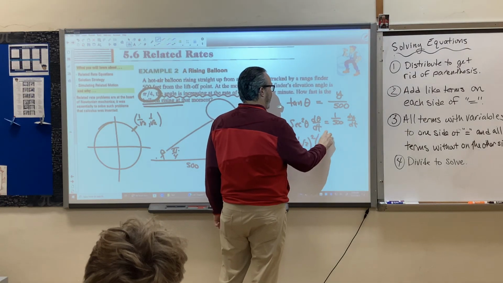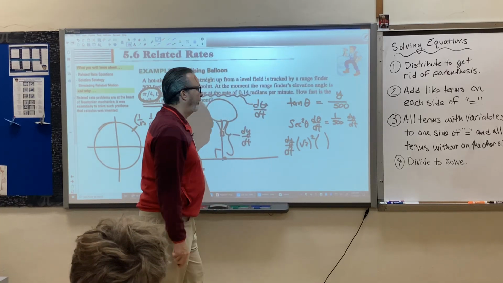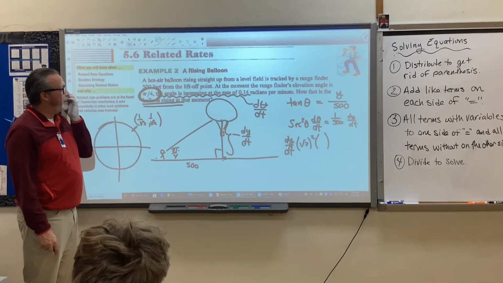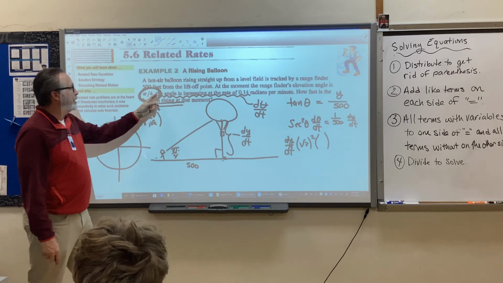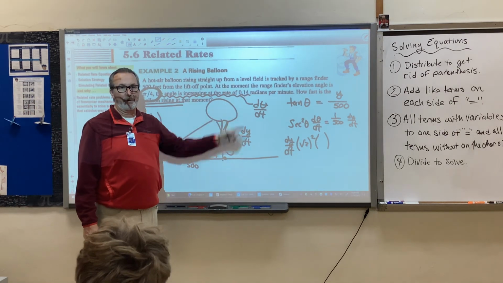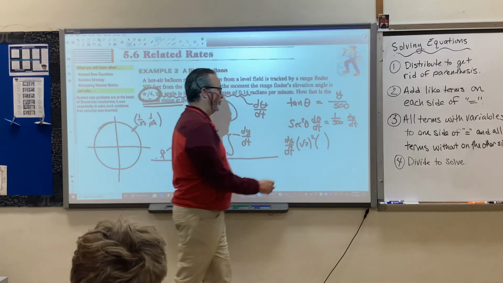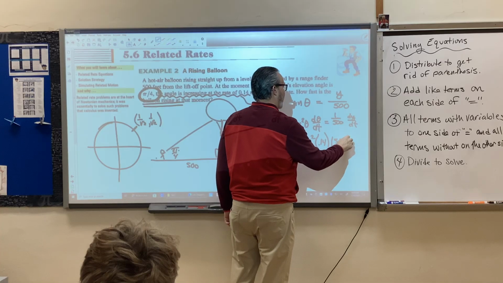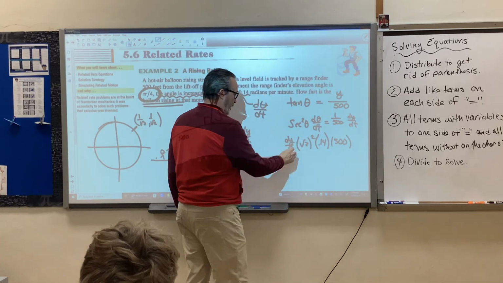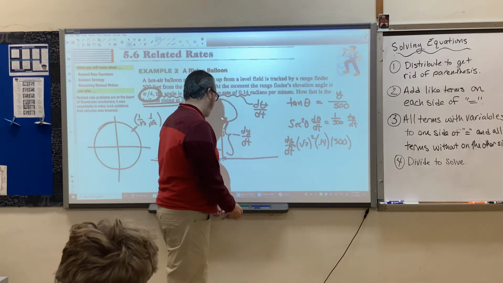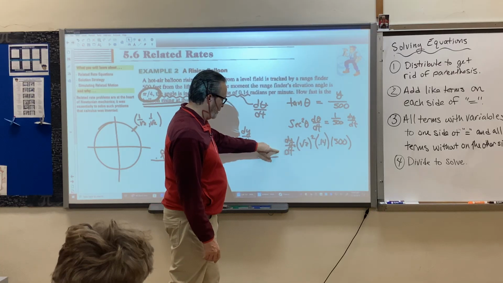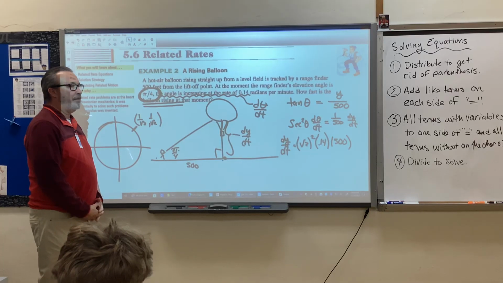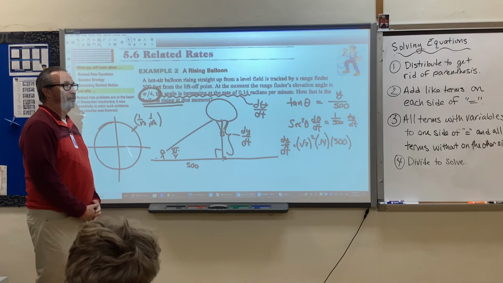Do we know what d theta/dt is? The angle is increasing at a rate of 0.14 radians. It's 0.14.